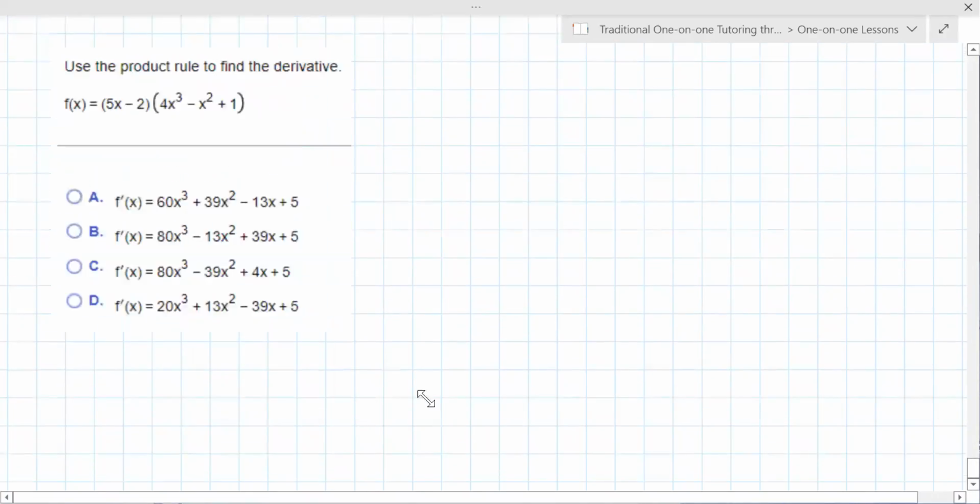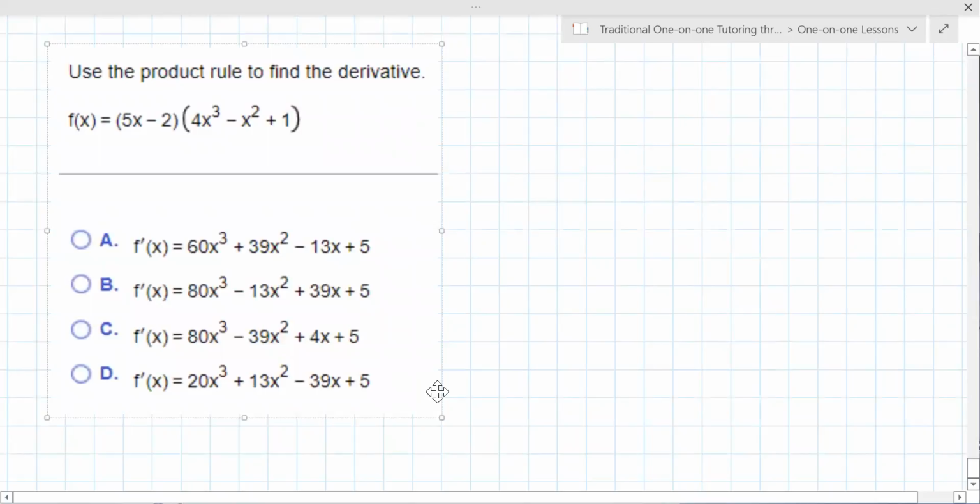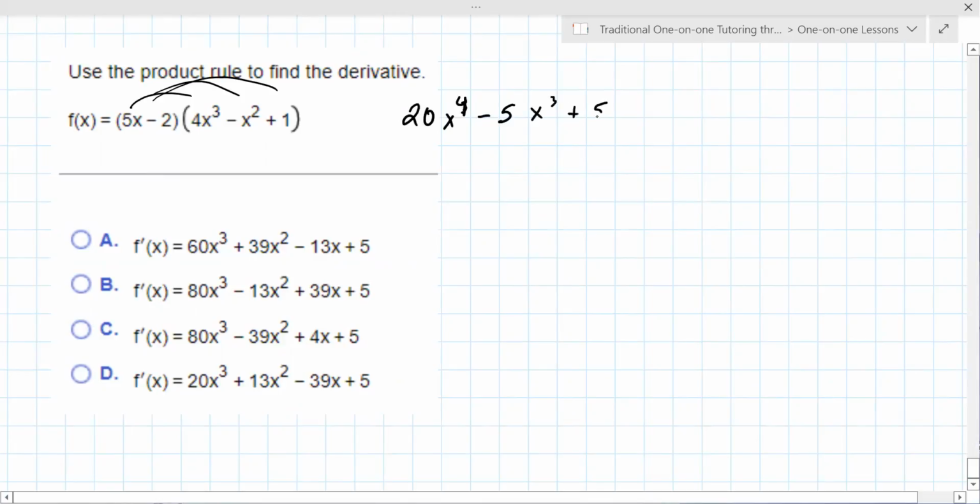Okay, use the product rule to find the derivative, and then they multiply it all out. So we're actually doing it slightly differently. We're just going to multiply everything, the more traditional approach here. It's 20x cubed minus 20x to the fourth minus 5x cubed plus 5x.